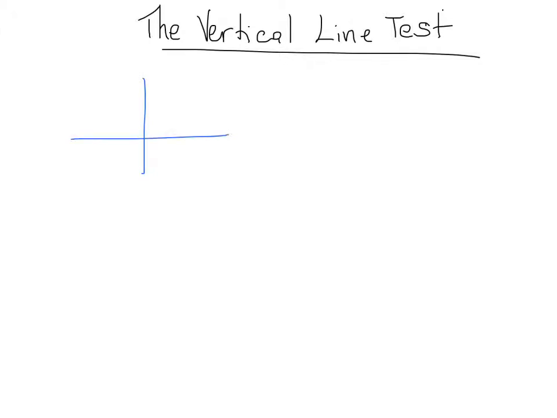So for example, if I have a parabola in a coordinate plane, so this is my x-axis, this is my y-axis, and the black is my graph. If I can draw a vertical line anywhere in this coordinate plane that touches that graph more than once, then it's not a function. I'm tracing it with this arrow.